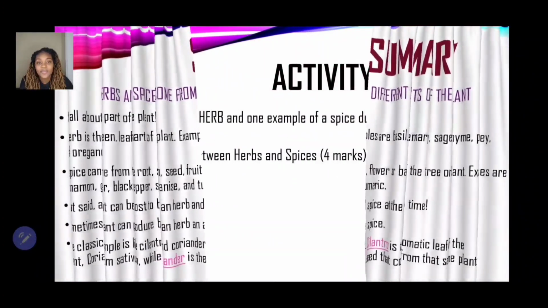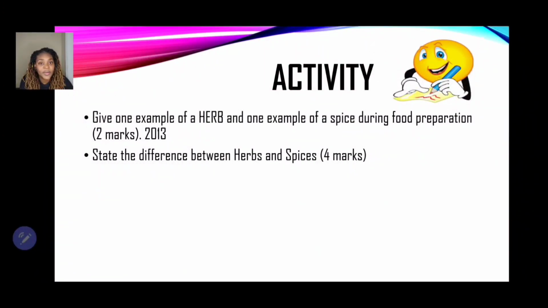Good. And the first question we have here: give one example of a herb and one example of a spice during food preparation. And that's 2 marks. And this question came on the 2013 examination paper. Good. Next question: state the difference between herbs and spices. 4 marks.